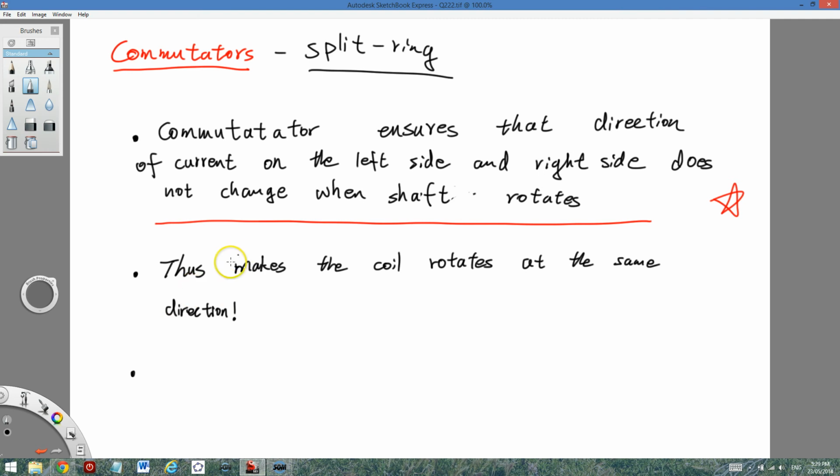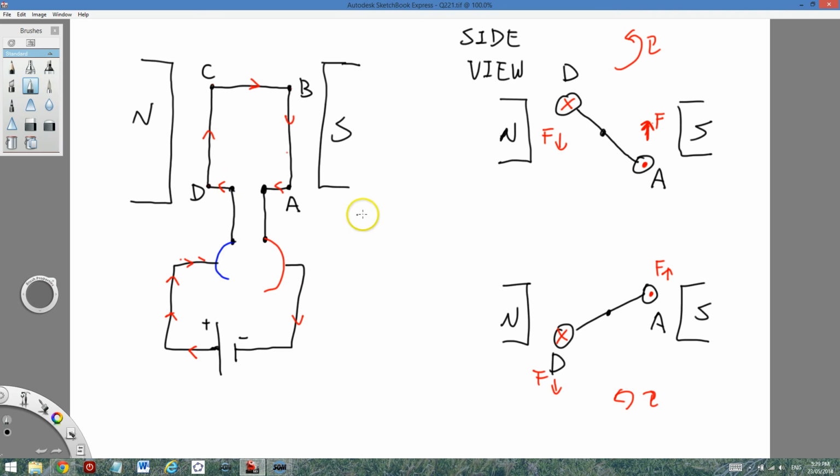Let me explain this. The coil is basically your line A, B, C, D, the thing that rotates in the motor. It's called the coil.